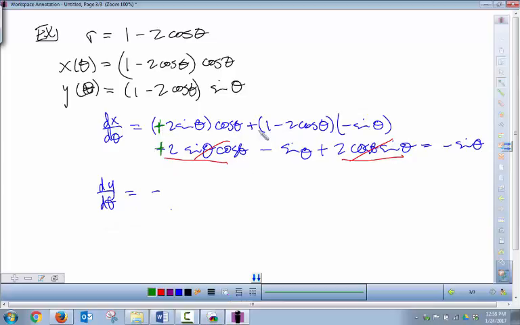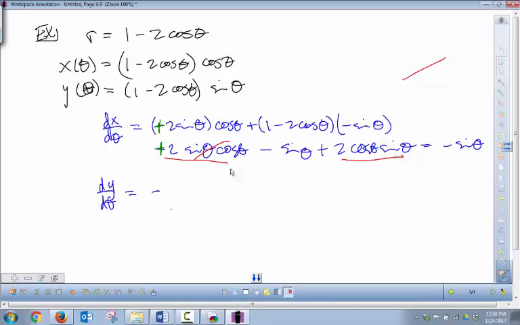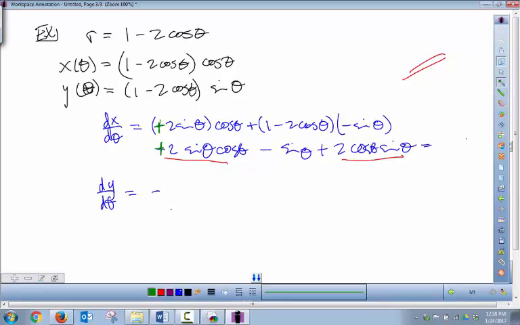So they don't cancel. So this would be 4 sine theta cosine theta minus 1 sine theta.